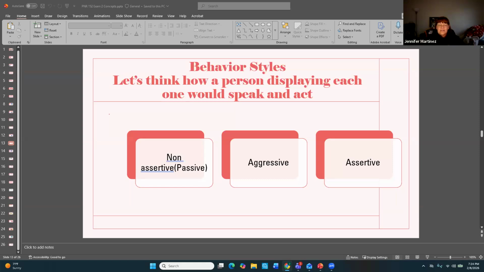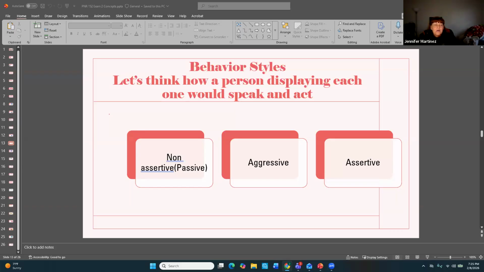They don't take the others' feelings into consideration when they are discussing. They're just more aggressive, but they don't necessarily understand that they're being aggressive with their behaviors. And I'm sure every one of us has met somebody that is aggressive, but it definitely violates the rights of other people.